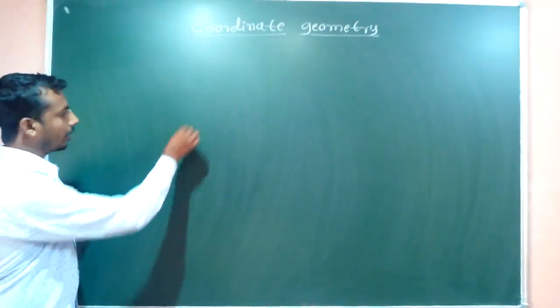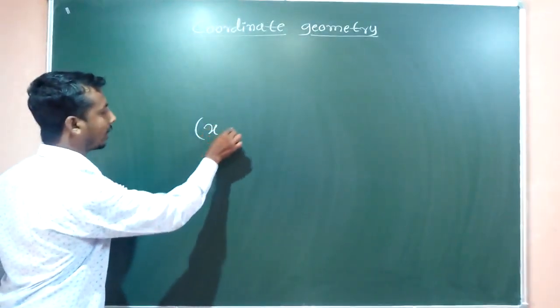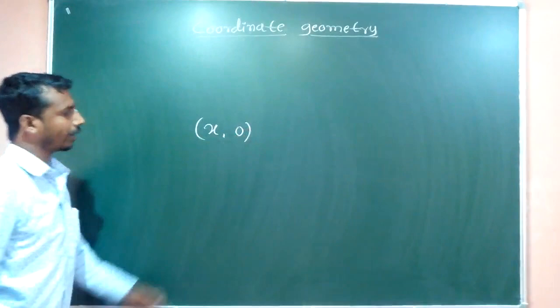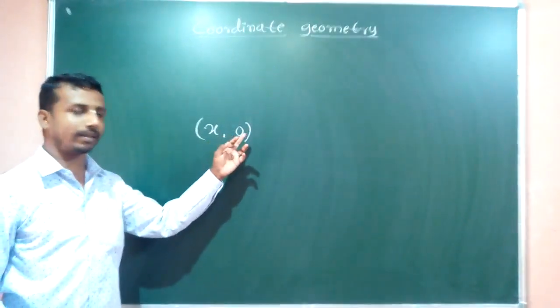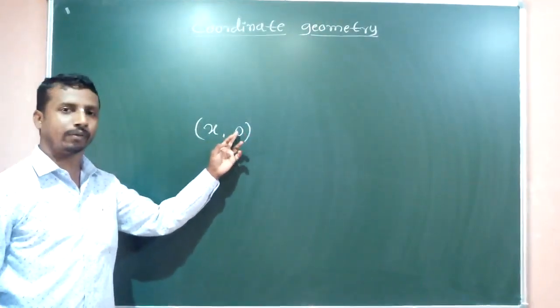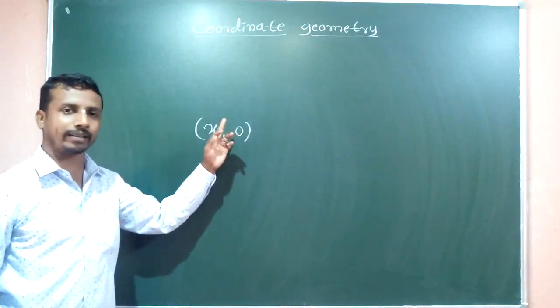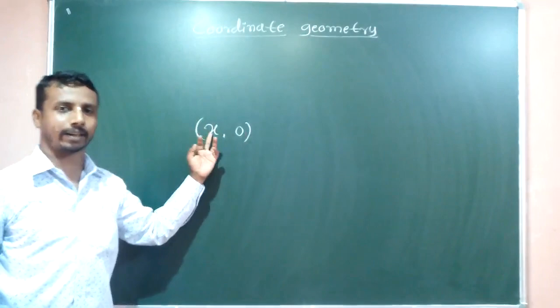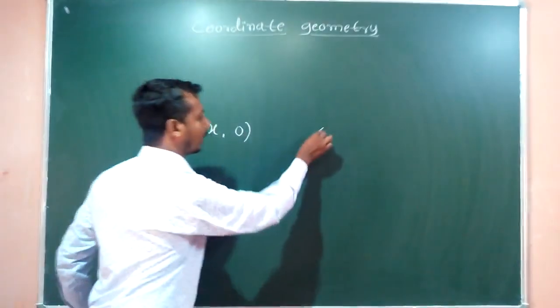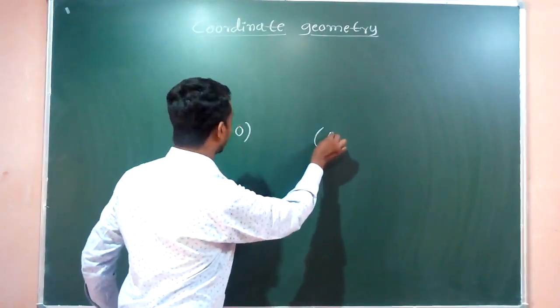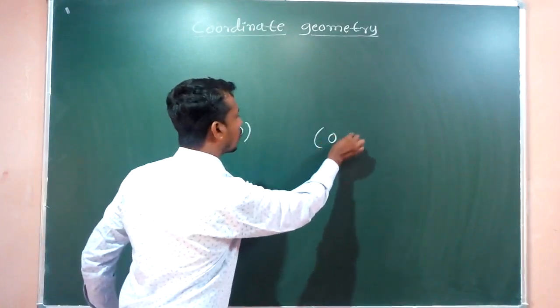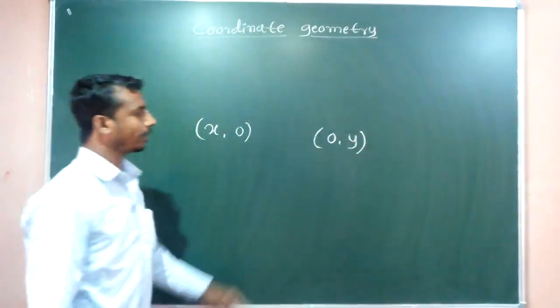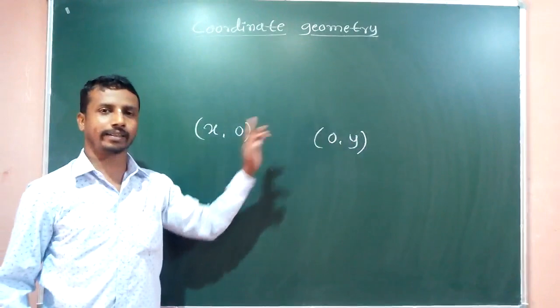For example, in the point (x, 0), the value of the y coordinate is 0. If the y coordinate is 0, then this point lies on the x-axis. And in the point (0, y), the x coordinate is 0.